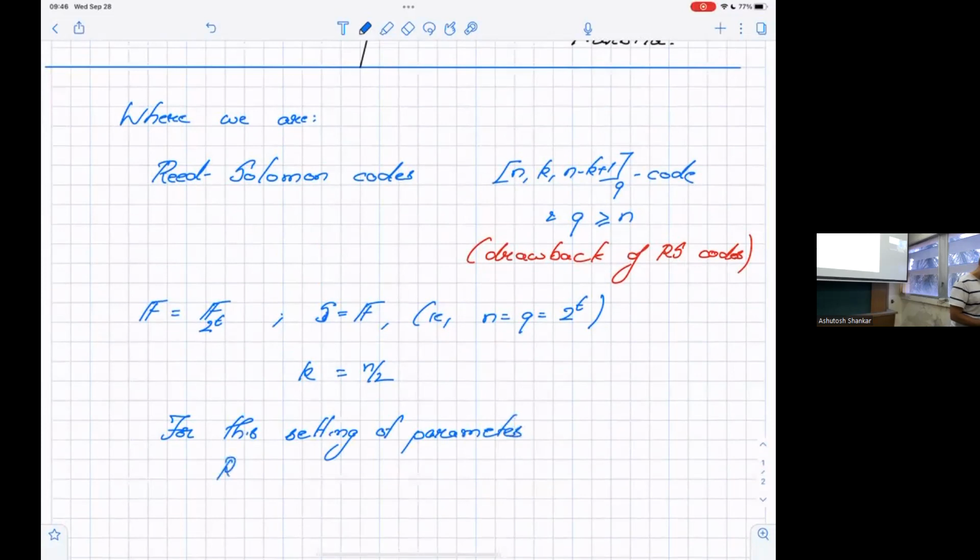So in this setting of parameters, the RS code has block length n, the dimension is n by 2, and the distance is n by 2 plus 1. I'm going to drop that 1 as that's a lower bound. The alphabet size is 2^t, and n is 2^t.